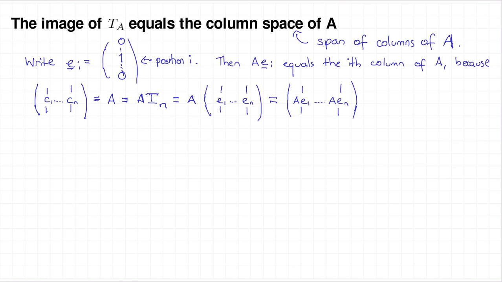On the right, I've got the matrix whose columns are Ae1 up to Aen. So, from that, Ae_i is equal to the ith column of A, which we called c_i. You proved a special case of this in one of the questions on your midterm problem sheet. And you could, if you chose, prove the general case which we've just done the same way.